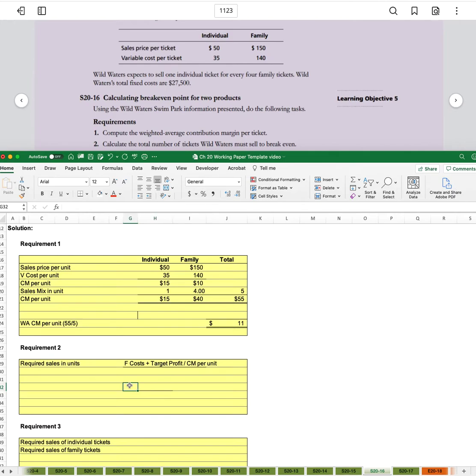And so we have fixed cost of $27,500 divided by our weighted average contribution margin per unit of 11, for 2,500 tickets.